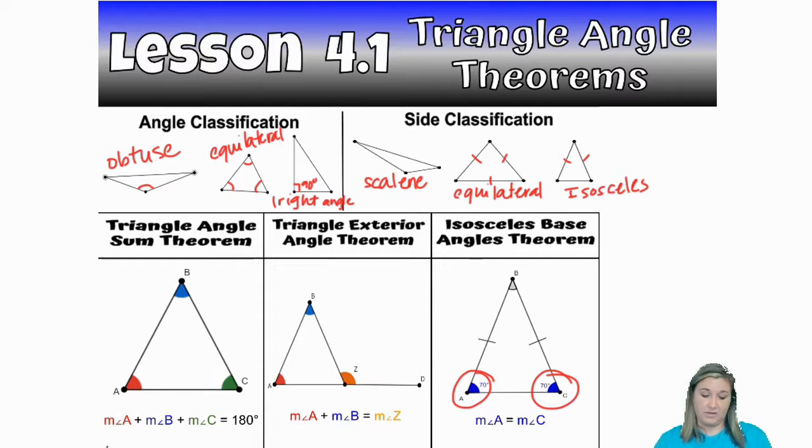So if I'm trying to find the measurement of angle B, and I know that those two side lengths are congruent, then I know that the angles are congruent as well. Those are the three theorems that we're going to look at today, and we're going to work some problems out with them.